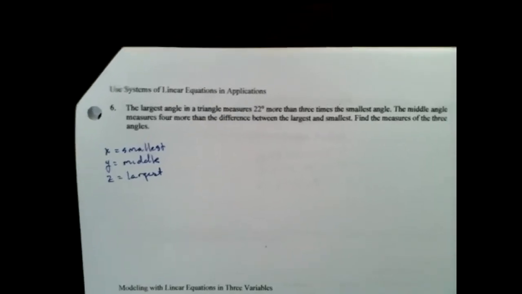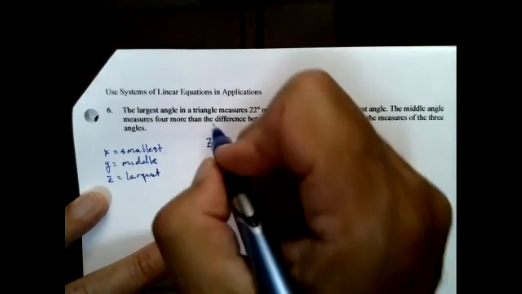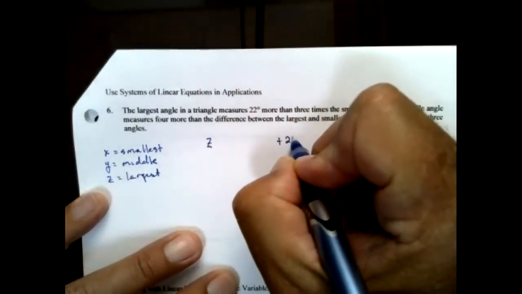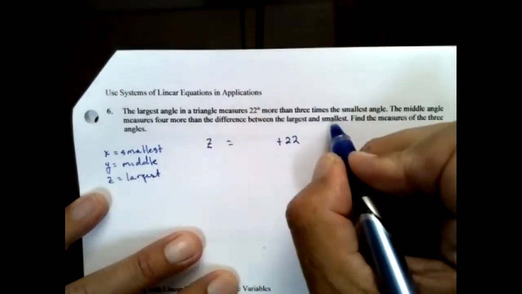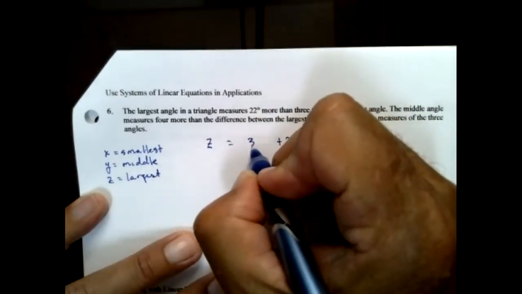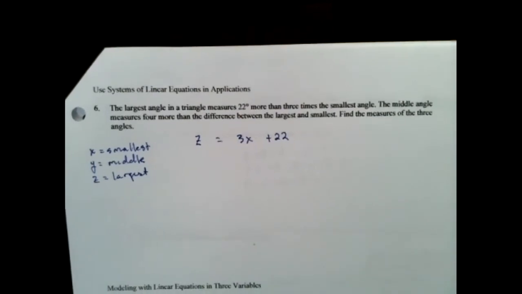The largest angle in a triangle, that's z, measures 22 more than 3 times the smallest. Somebody check me out. The largest in a triangle is 22 more than 3 times the smallest.